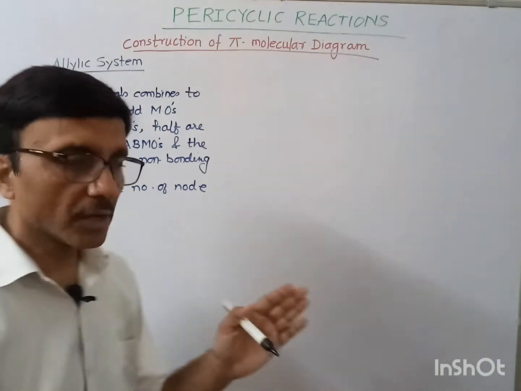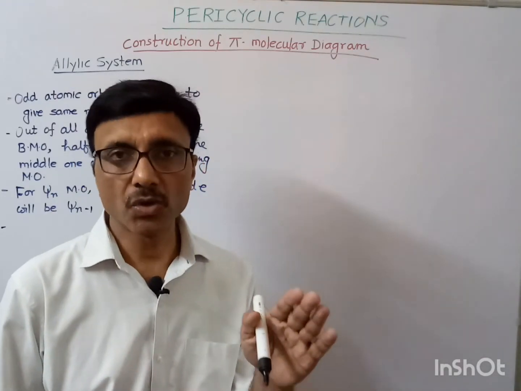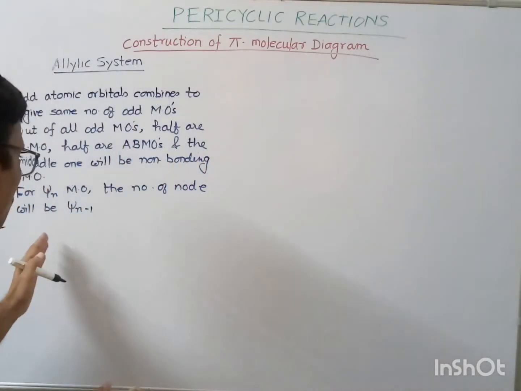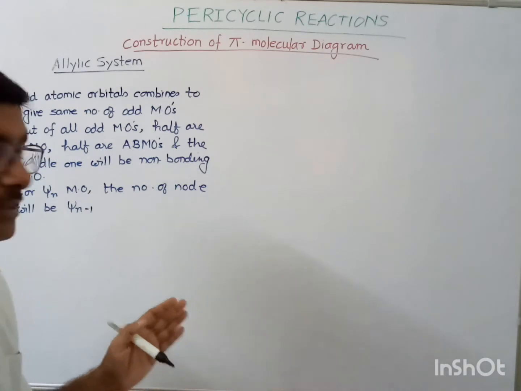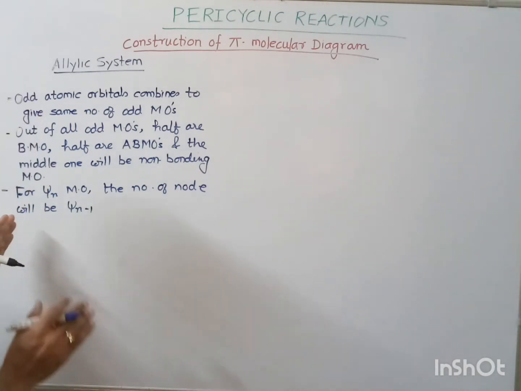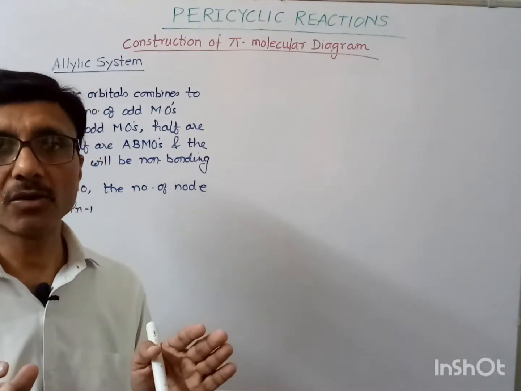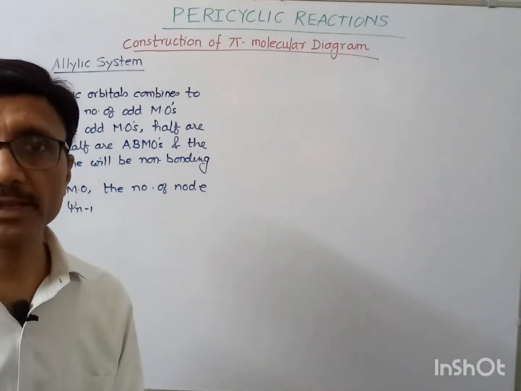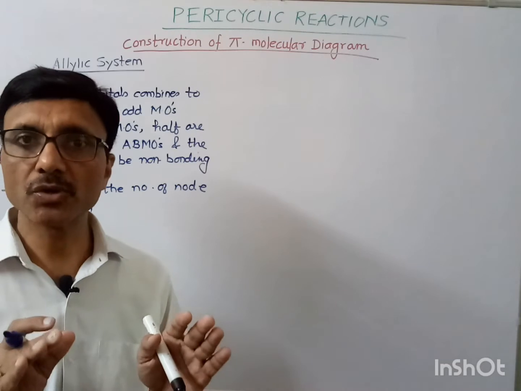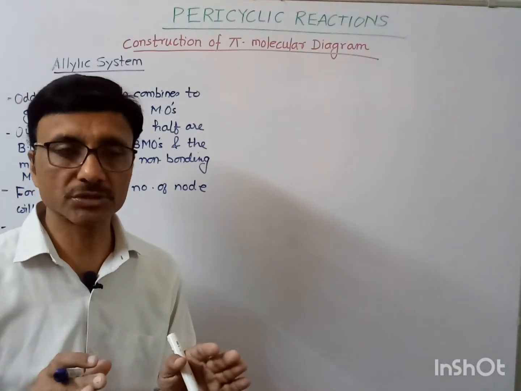Okay, and next, the important one. The middle non-bonding orbital. So what about the nodes? How can we draw the nodes over here? That is the important point. If we want to draw the nodes in the middle non-bonding molecular orbital, then where should we put the nodes?